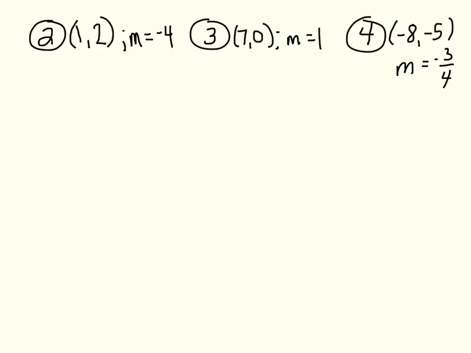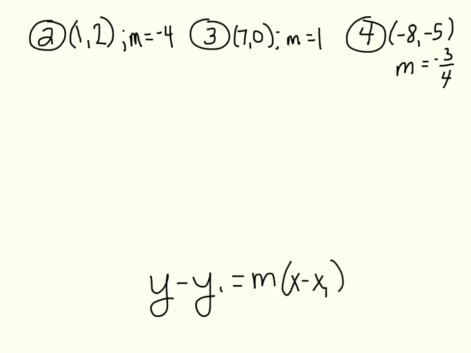The next three examples, numbers 2, 3, and 4, are going to use the exact same instructions. We are going to write in point-slope form an equation of the line that passes through the point that's given and the slope that's given. So at the bottom, I'm going to write our equation again. Y minus y sub 1 equals m times x minus x sub 1.